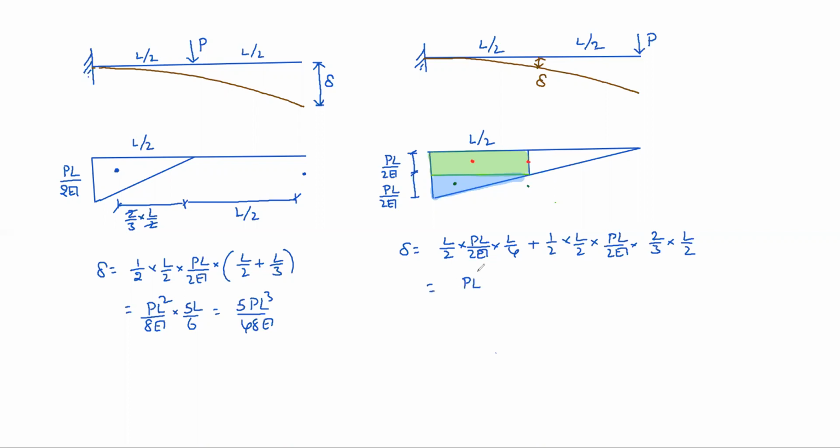That equals PL cube by 16EI plus PL cube by 48EI... so the LCM is 48. 3 plus 2, 5. 5 by 48 PL cube by EI.